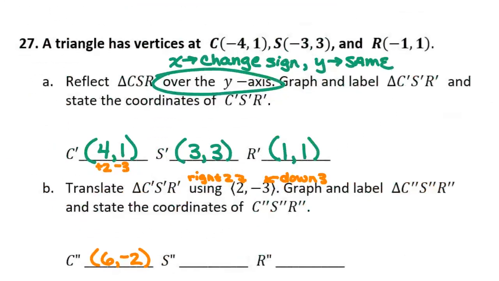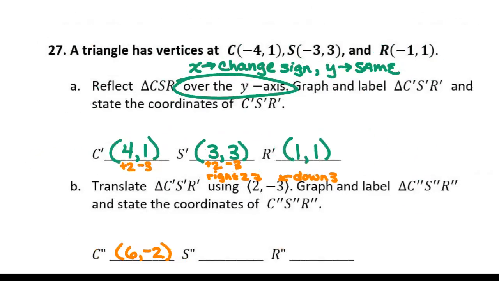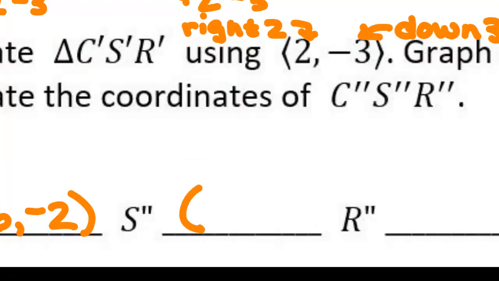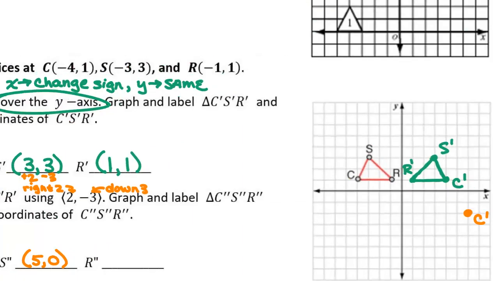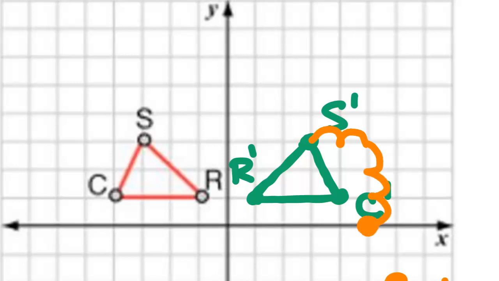We do the same thing with S. Add 2 to the x, subtract 3 from the y, so that should put us at 5, 0. I can come over here to the graph and I can count that, so I'm going to take S prime. I'm going to go to the right 2 and down 3. That's going to be right here. There's my S prime.